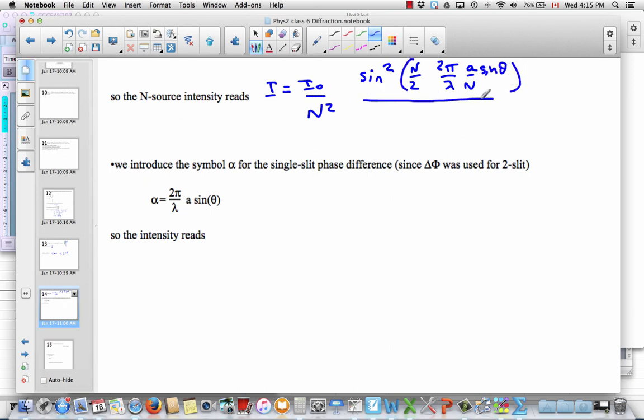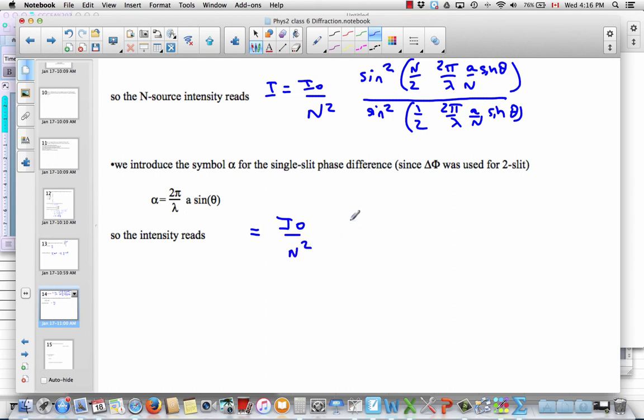And then we divide that by sine squared, and this is just going to be a half times delta phi. And we're going to introduce, for simplicity, the symbol alpha. And so this thing here, 2 pi over lambda a sine theta, is alpha. So this is going to be a little easier and faster to write.